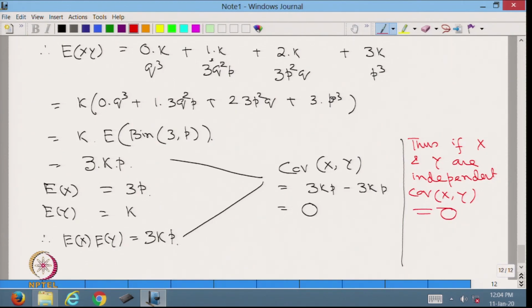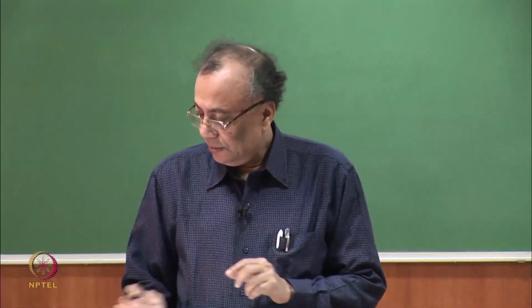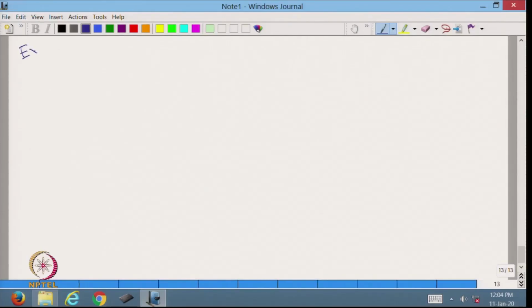This is not a proof, this is an example to give you the insight into covariance. Now, I take a very similar example. Suppose x takes the values 0, 1, 2, 3. The same case I am dealing with, with the probabilities q cube, 3 q square p, 3 p square q, p cube, and let y be equal to x plus 1.